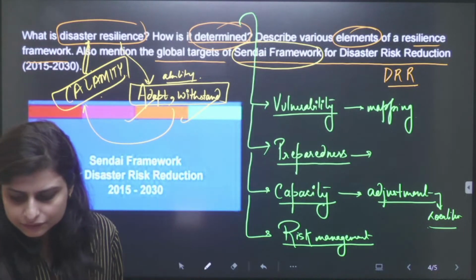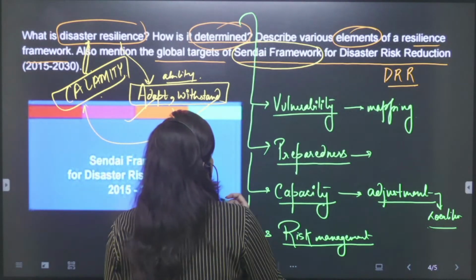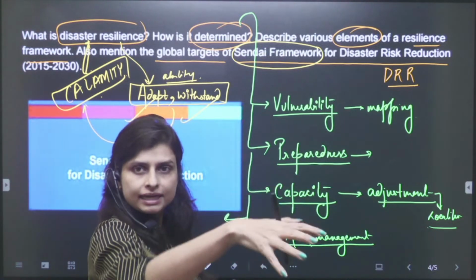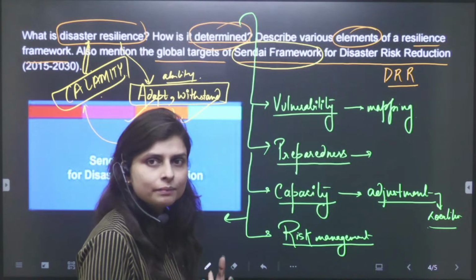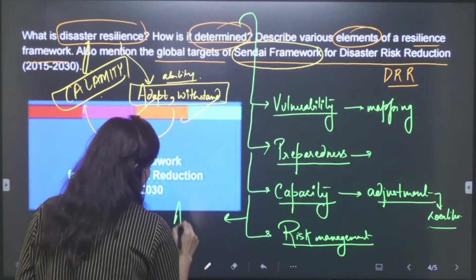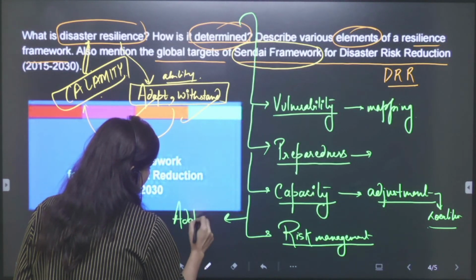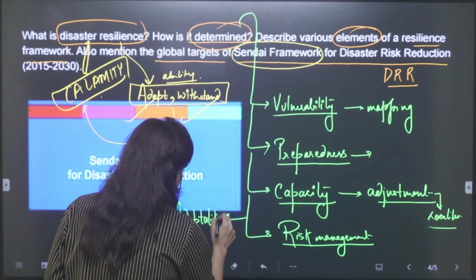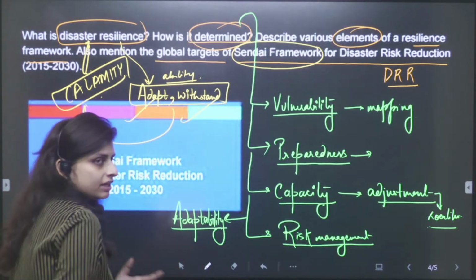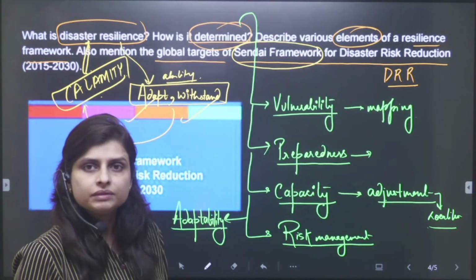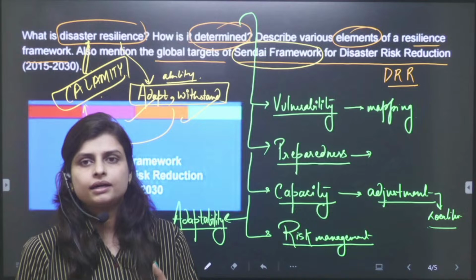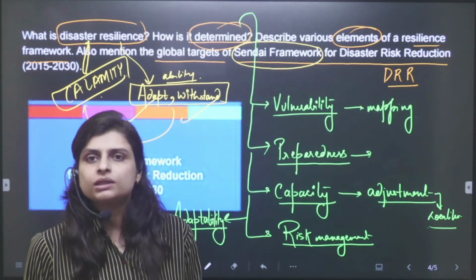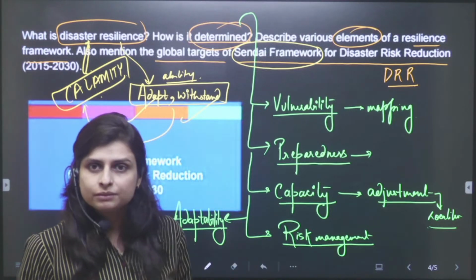Other than that, we also have to talk about the people in that region: will they be able to adapt to those things or not? And are we ready for that adaptability? That means are we ready that someday we are going to have this disaster, and what is the frequent response we have? So are we adaptable to it?